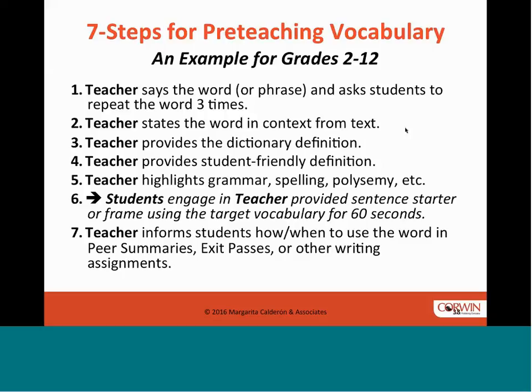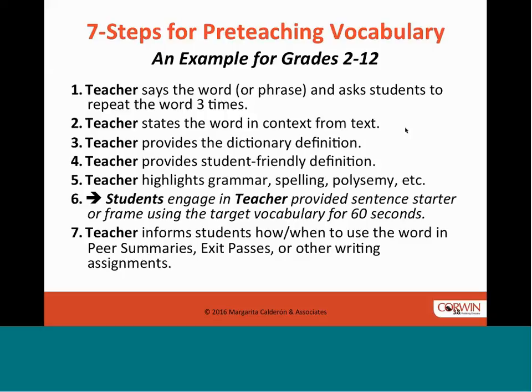Steps number 1 through 5 should take the teacher only 1 minute, maybe 1 minute and a half, or 2 minutes at the beginning, but that's it, because we want 5 words to be taught, and it should only take anywhere from 10 to 12 minutes to teach these words.